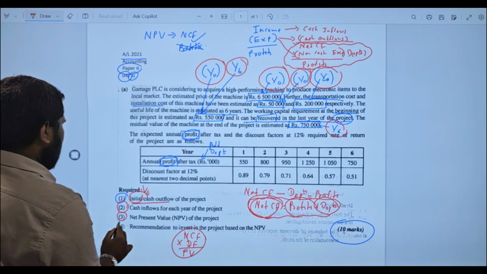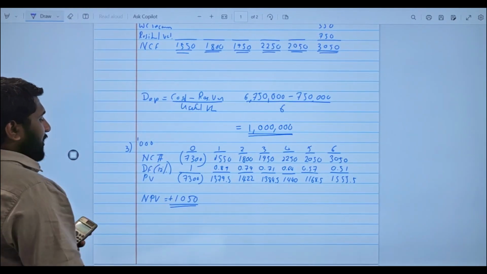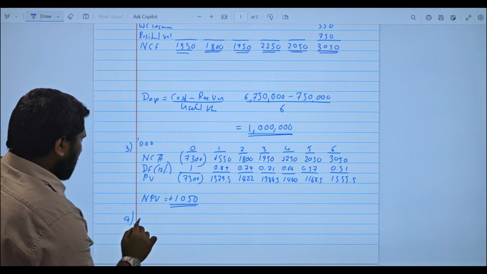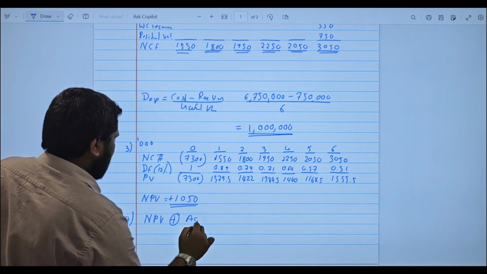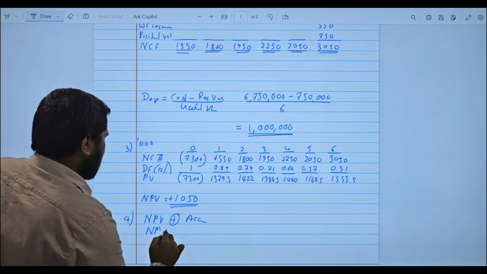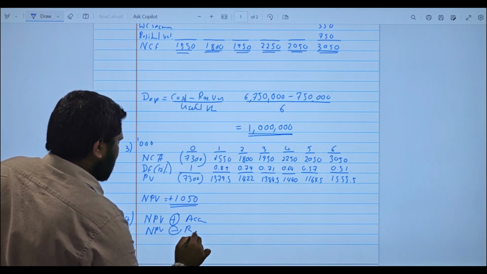Next, what they are asking is the recommendation. Normally if the NPV is positive, you have to accept. If the NPV is negative, you have to reject it.